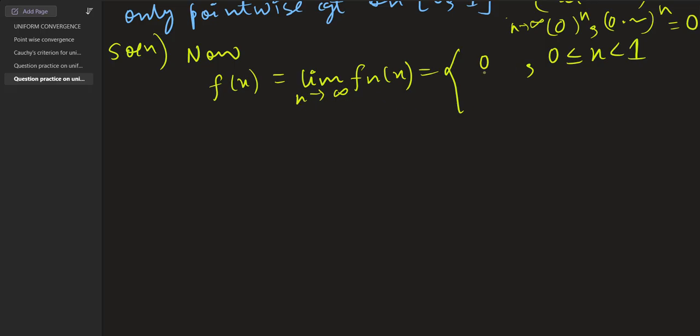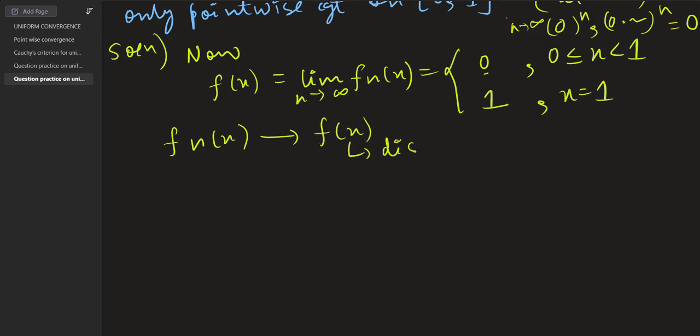So as n tends to infinity, this value is 0, and at x equal to 1 only, it is 1 raised to power n. This means it is equal to 1. Thus the sequence converges pointwise to a discontinuous function, f of x, on 0 comma 1.